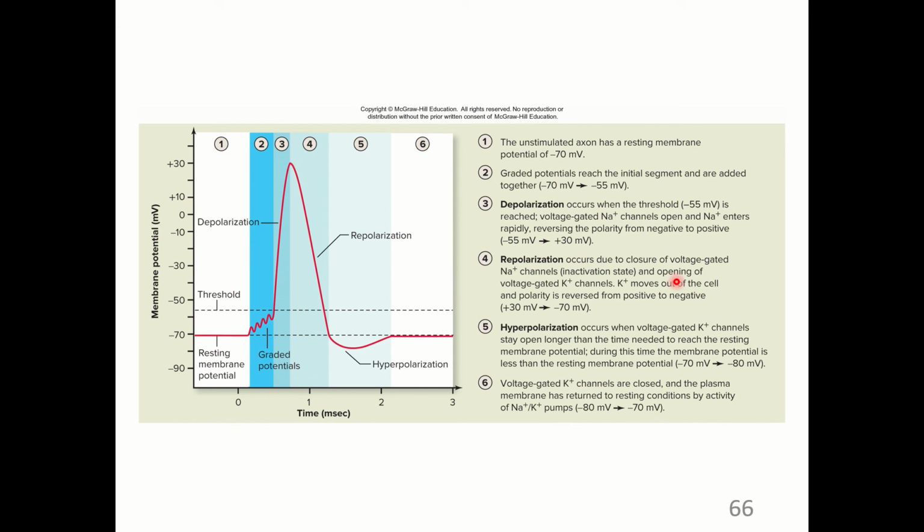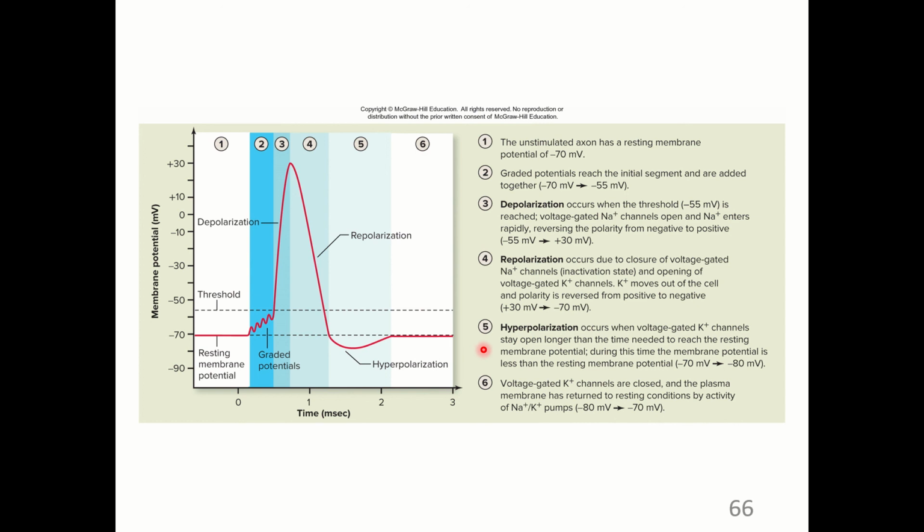Repolarization occurs due to the closure of voltage-gated sodium channels and the reopening of voltage-gated potassium channels. Potassium ions move out of the cell and polarity is reversed from positive to negative. In hyperpolarization, or step 5, the voltage-gated potassium channels stay open longer than the time needed to reach the resting membrane potential.